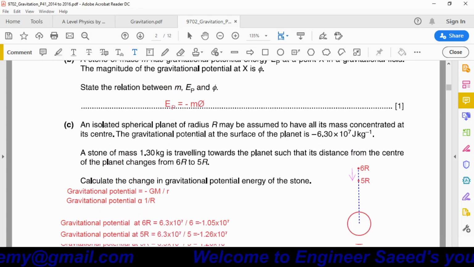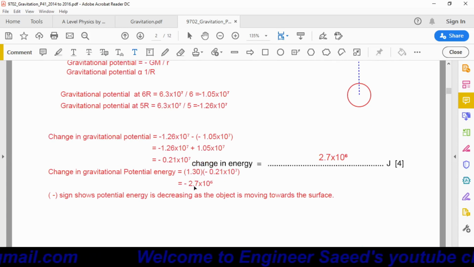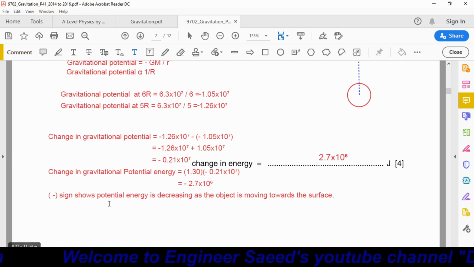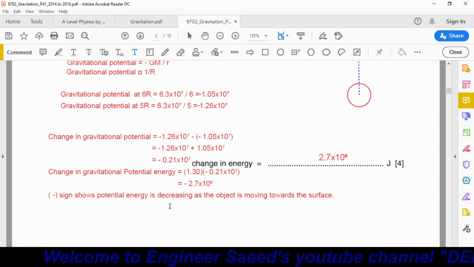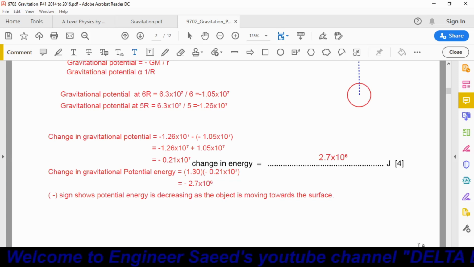So we multiply 1.3 by minus 0.21 into 10 power 7. We will get an answer of minus 2.7 into 10 power 6. What does this minus sign represent? This minus sign shows potential energy is decreasing as the object is moving towards the surface of the planet.